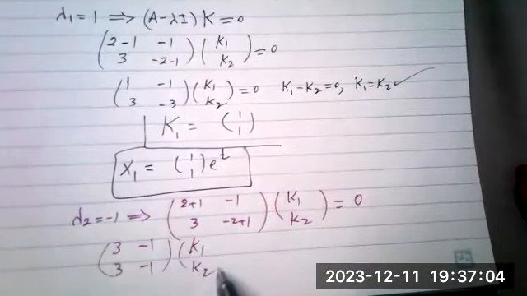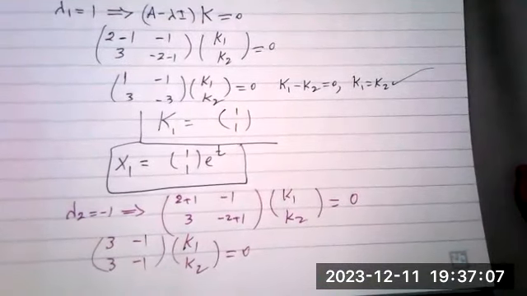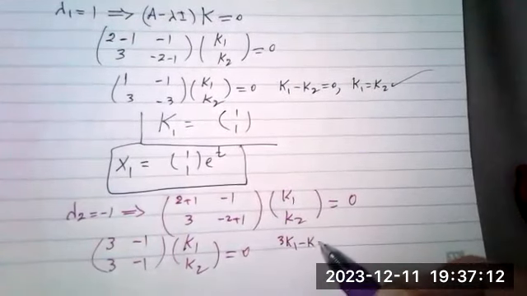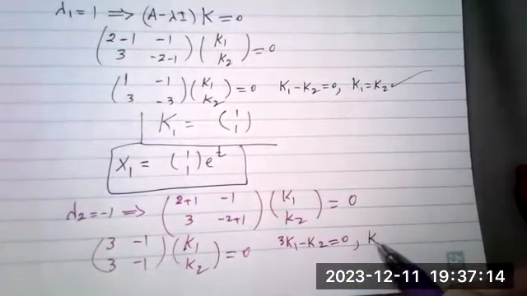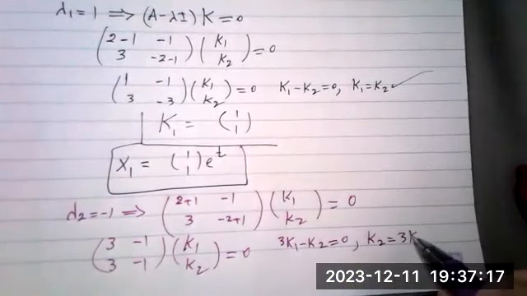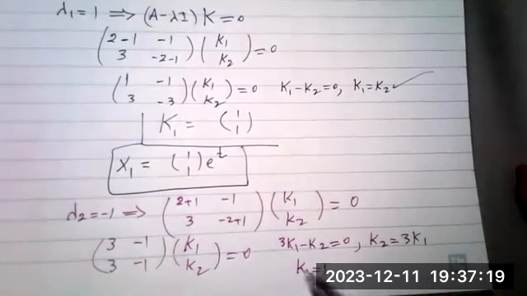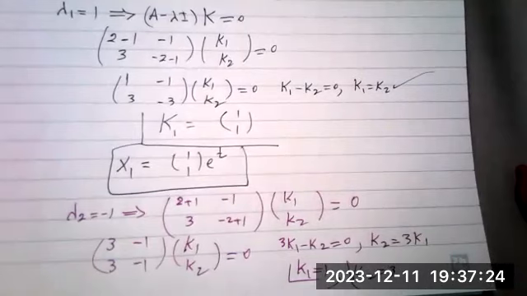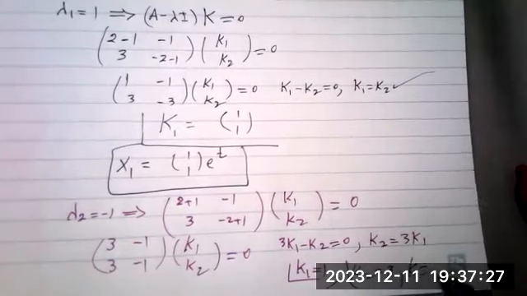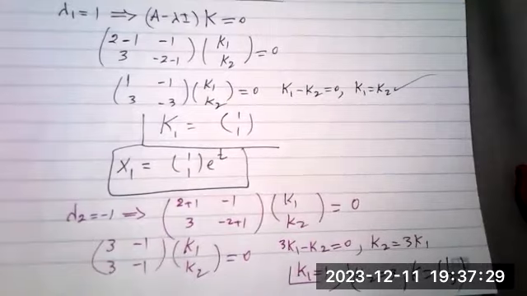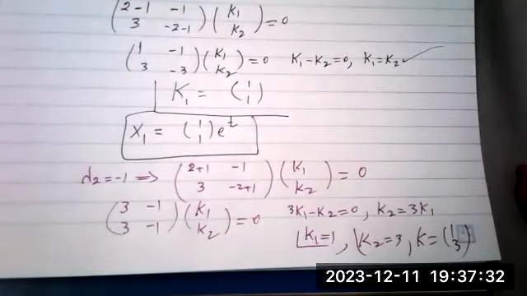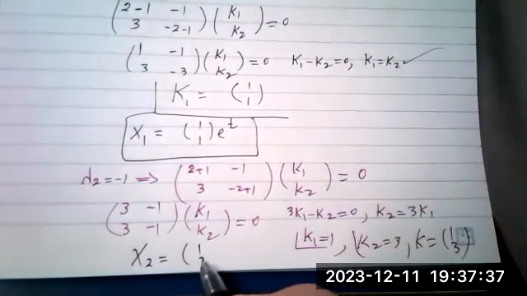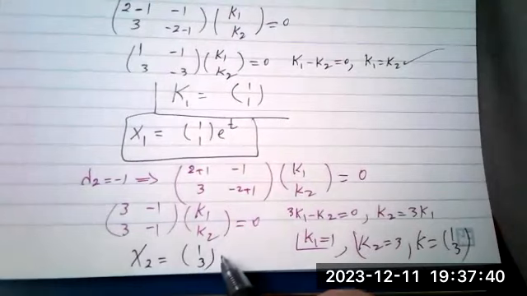So just consider the first row: 3k1 minus k2 equals 0. So k2 would be 3k1. We pick k1 equal to 1 and k2 equal to 3. So the vector this time is (1, 3), and the corresponding solution is x2 equals (1, 3) e to the negative t.